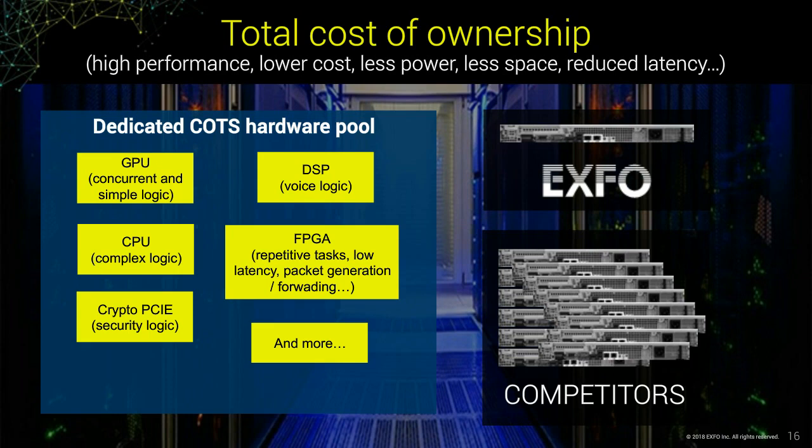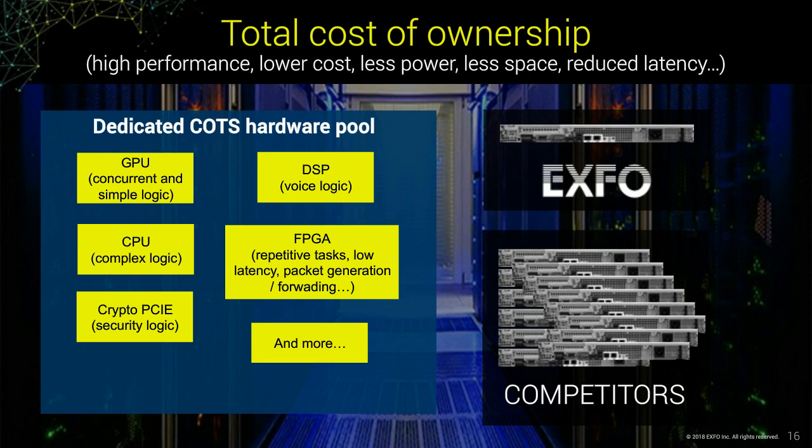What you need to do in the deployment phase of the service provider lifecycle management. The other important thing is total cost of ownership. Like I said, what we believe is that the future data center is going to have a mix of different types of hardware: GPUs, DSPs, CPUs, and every single one of these hardwares can do special things, right?